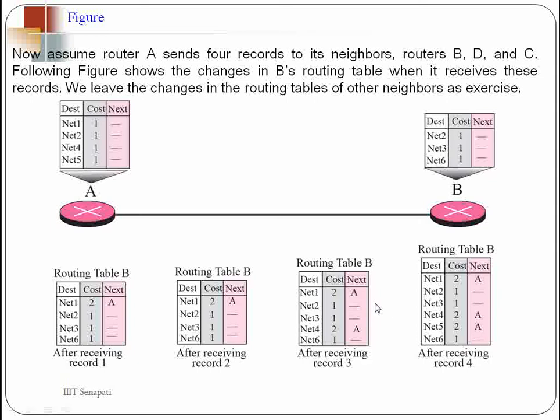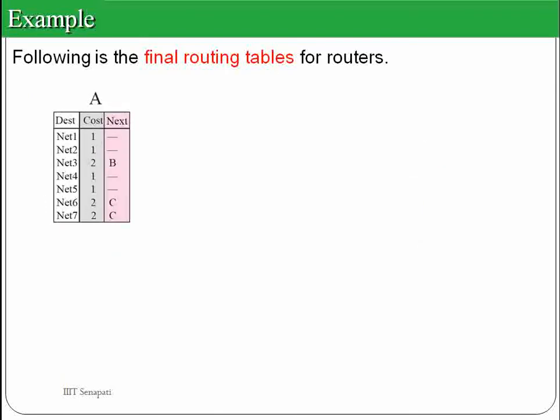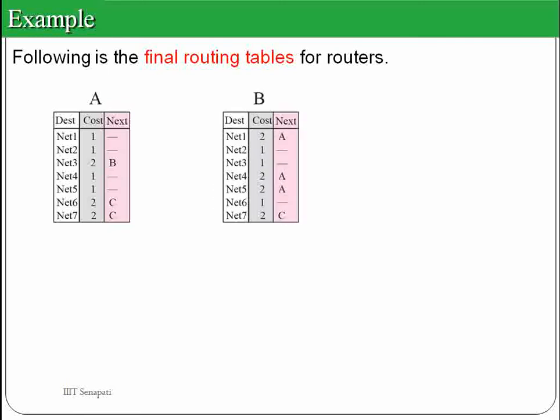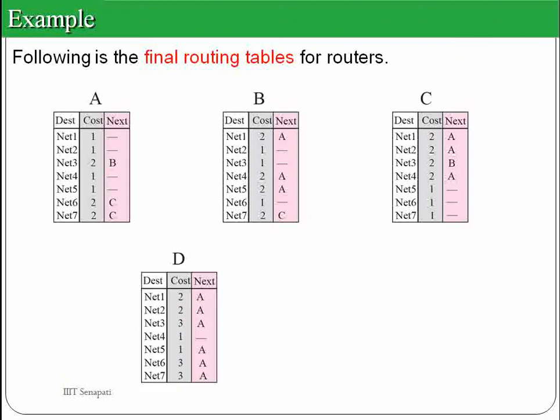So in the end, what will be the final routing table? For A it will have the information of all the networks. For network 2, it has to go through B. For network 6 and 7 it has to go through C. Similarly for the routing tables of B, C, D and others.